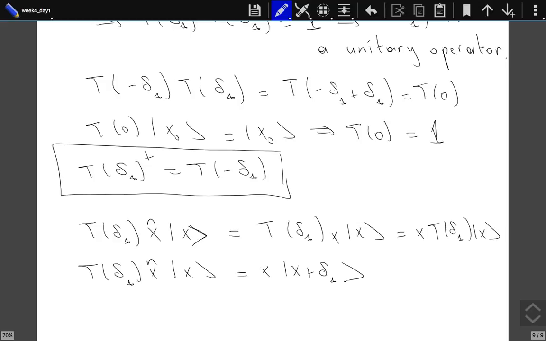Now let me look at the other way around. Not in this order, let me change their order. X hat T delta 1 acting on |x⟩. This is x hat |x plus delta 1⟩, but this is x plus delta 1 times |x plus delta 1⟩.